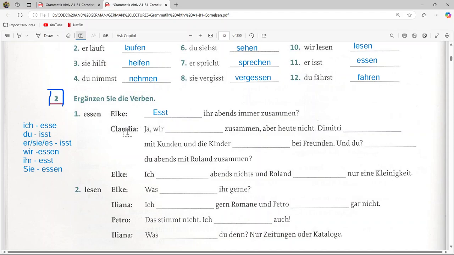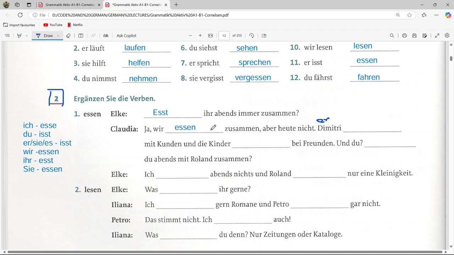Then Claudia is answering, and we have to fill in the essen verb, and for wir the conjugation is essen, so we will just write here essen. Wir essen zusammen, so we eat together, aber heute nicht, but not today, tonight. Let us see why. Dimitri blank mit Kunden. Dimitri is the name of a male person, so it can be replaced with the pronoun er.